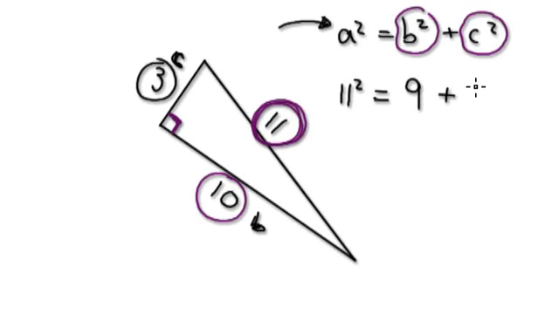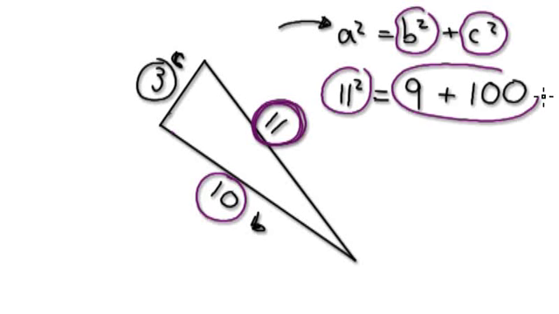Well, 10 times 10 would be 100, so it would be 100 here. Now, we don't know if this is a right angle triangle. If it is, then this side must equal this side. If the two sides aren't equal, then you know that this cannot be a right angle triangle.